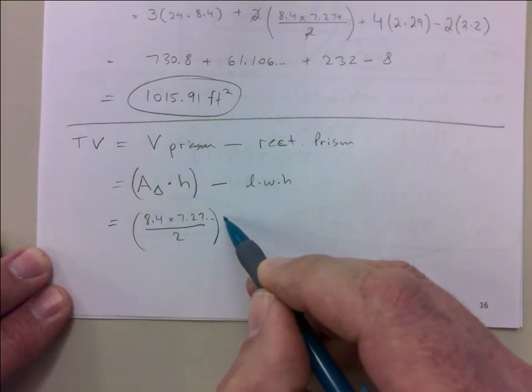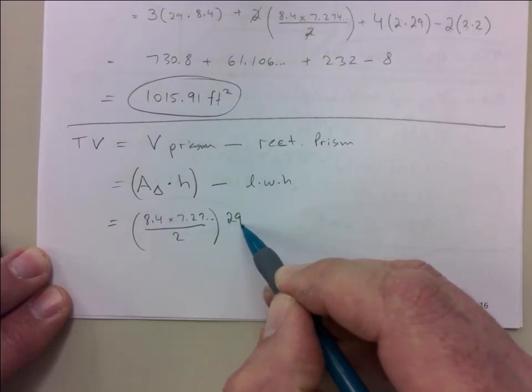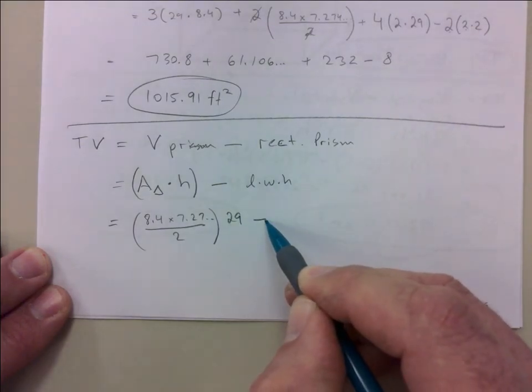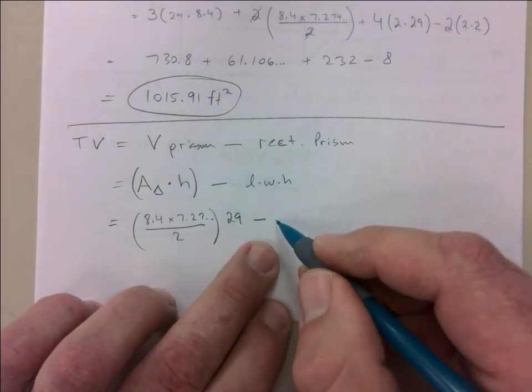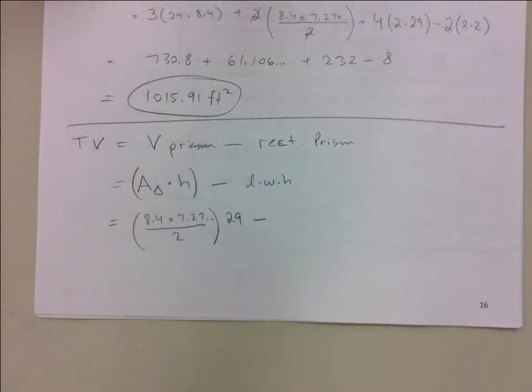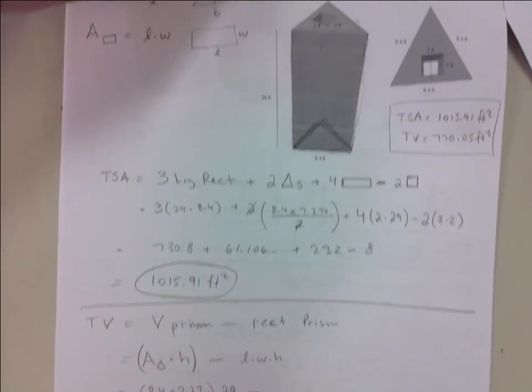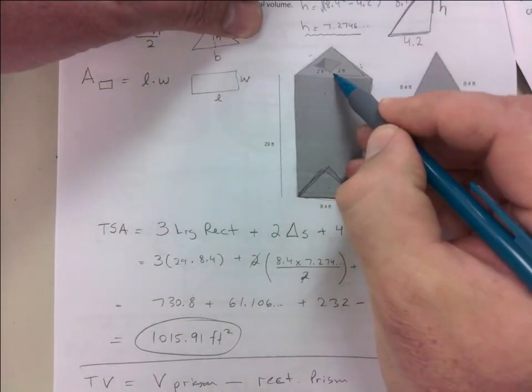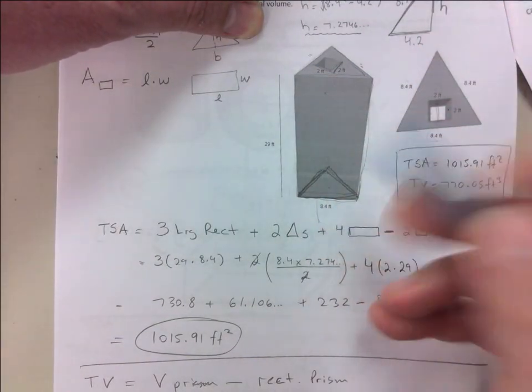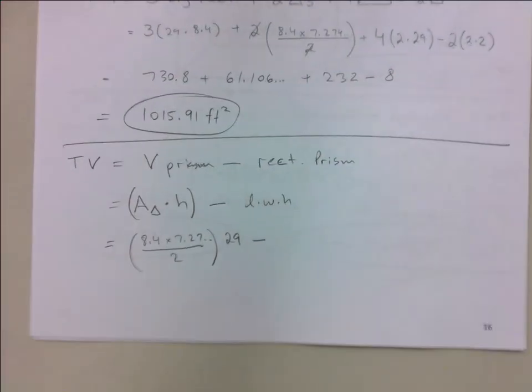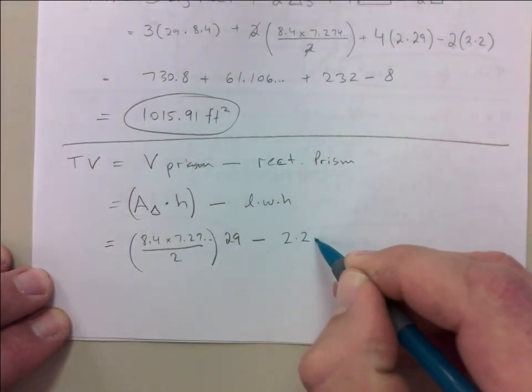All of that multiplied by the height, which is 29. Minus the small, basically this hole, the square hole that I've created right here is what? 2 by 2 by 29. Okay? Back here. 2 times 2 times 29.